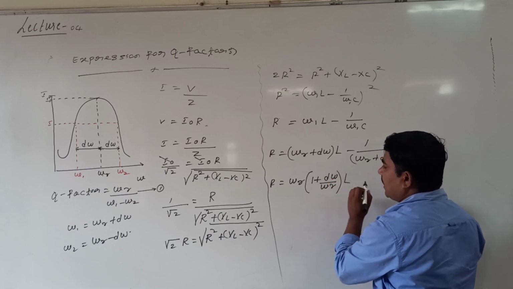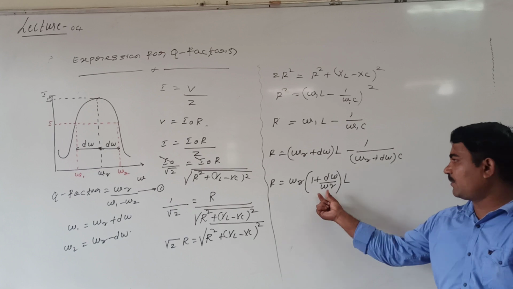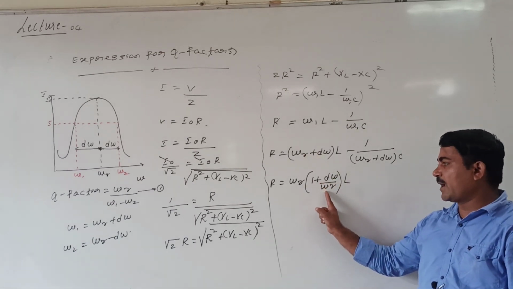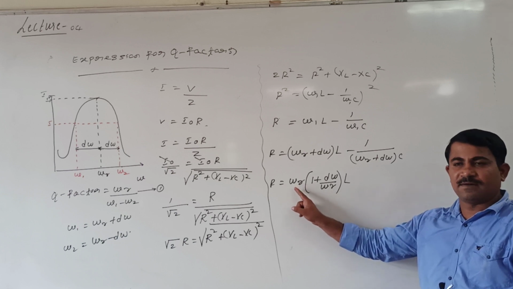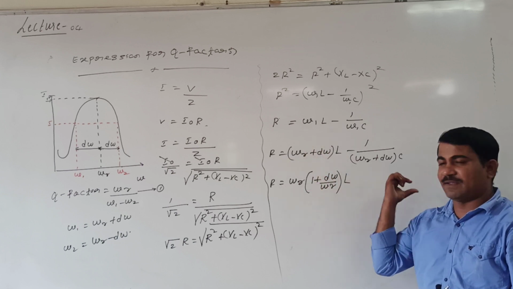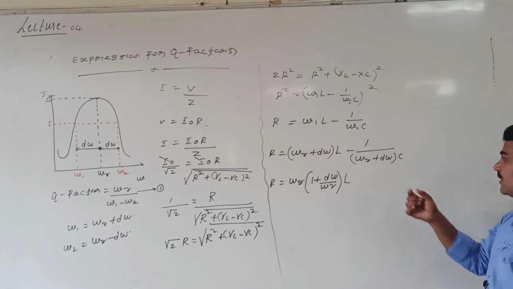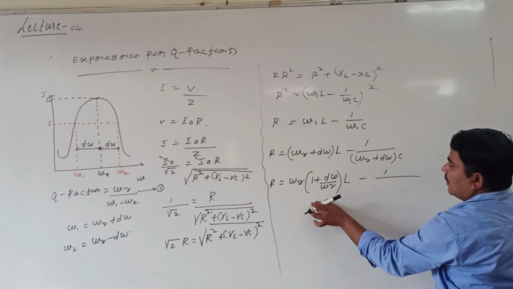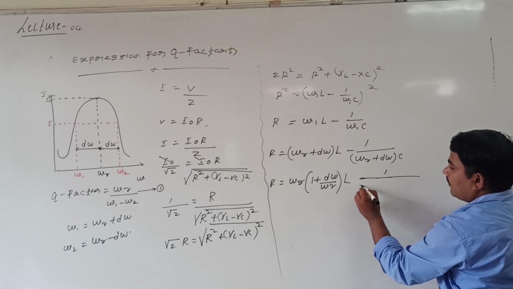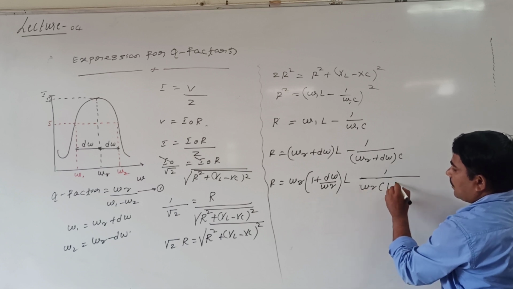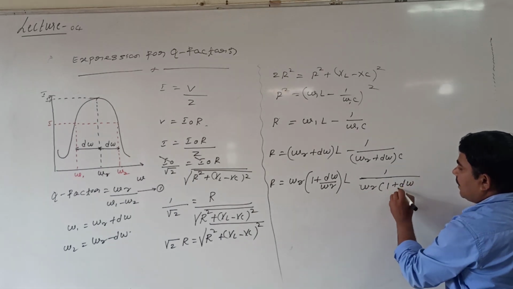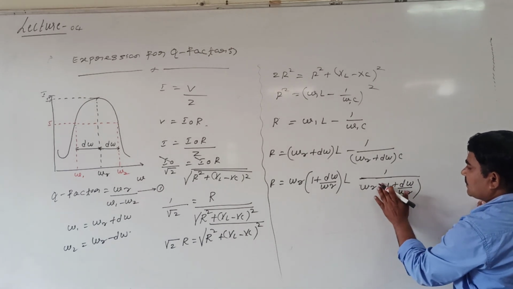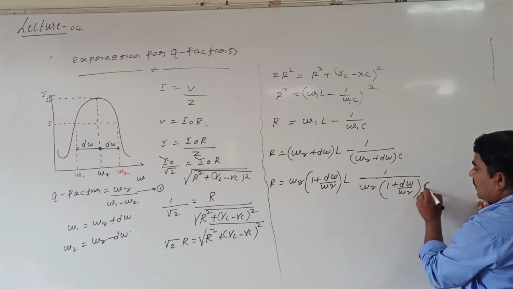If we simplify this step, the above step will come: omega r plus d omega divided by omega r, the omega cancels. Similarly, the other term becomes 1 divided by omega r, 1 plus d omega divided by omega r, into C.